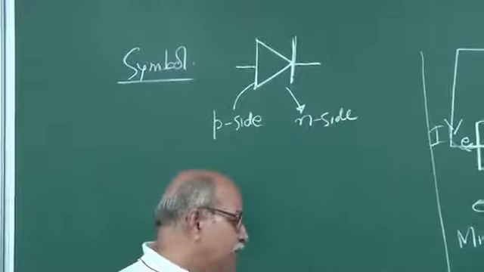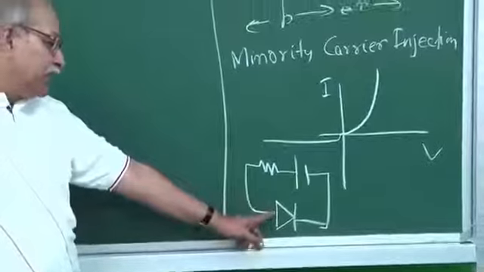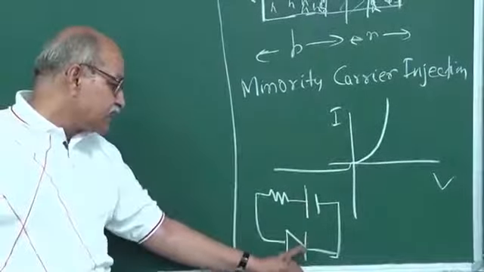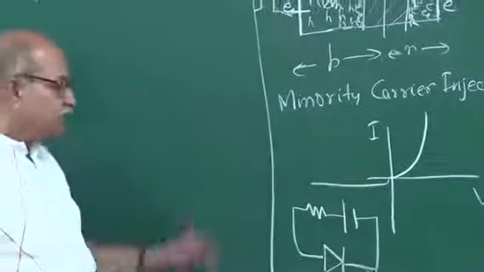So when I draw my circuit in this fashion, what I am telling? I am telling that the P side is connected to the positive of the battery, the N side is connected to the negative of the battery. So this is how the symbols are made.